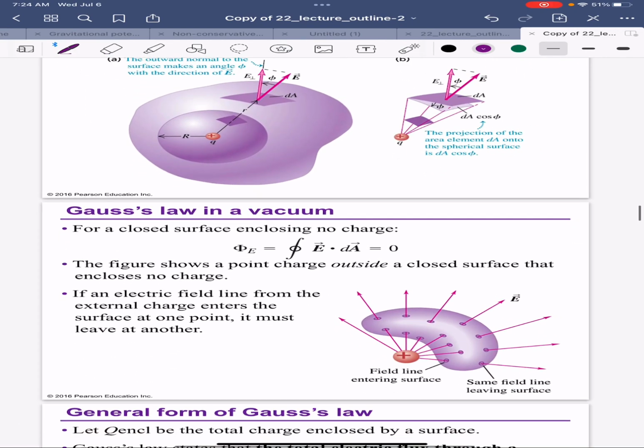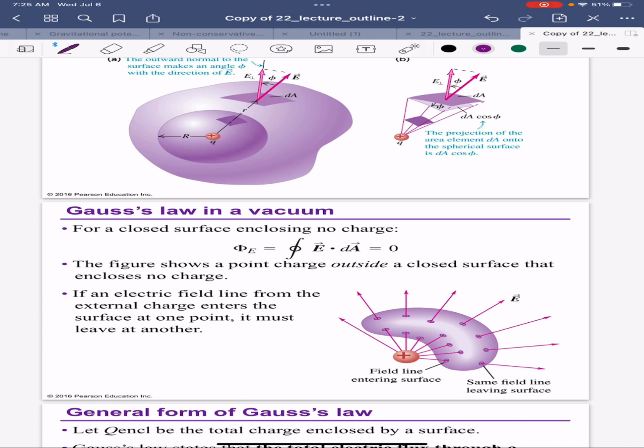Now, Gauss's law in a vacuum: if I have a closed surface and there is no charge inside, then phi, the electric flux, the integral of E dot dA, equals 0. The figure shows a point charge outside a closed surface that encloses no charge.